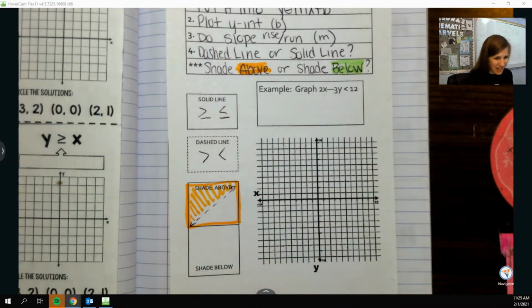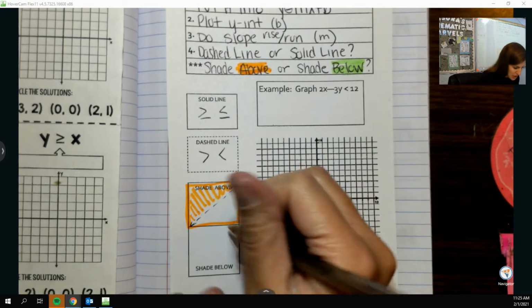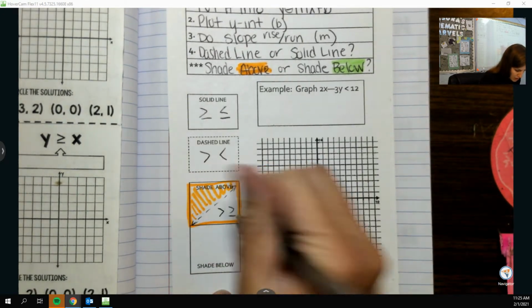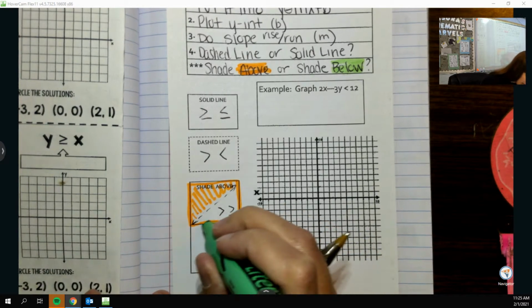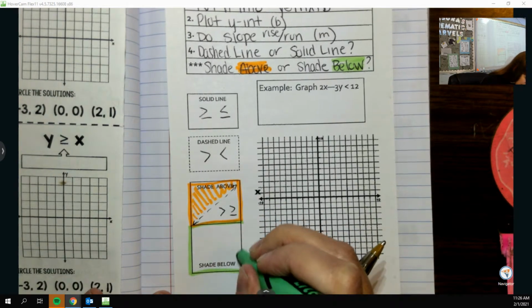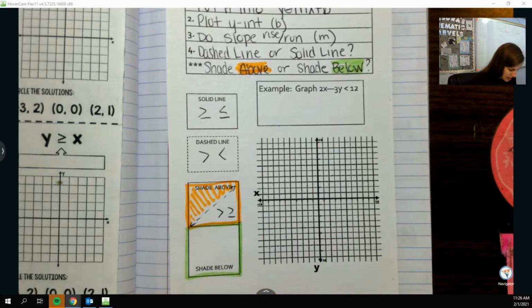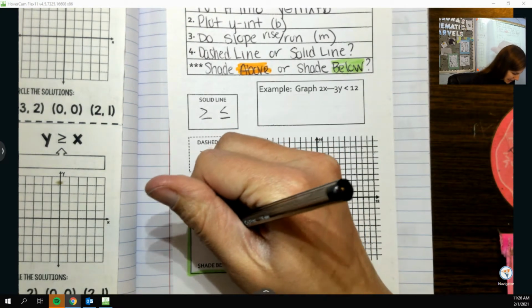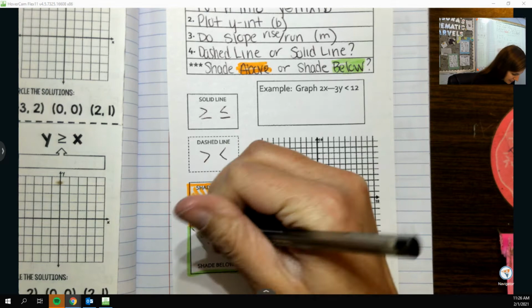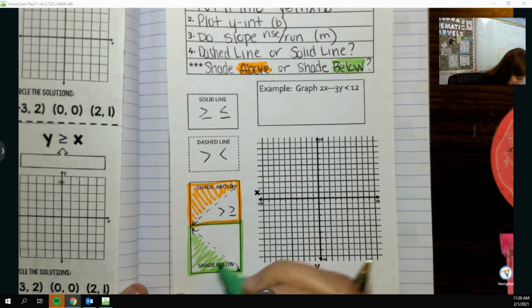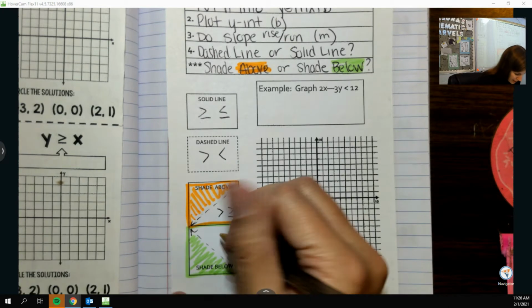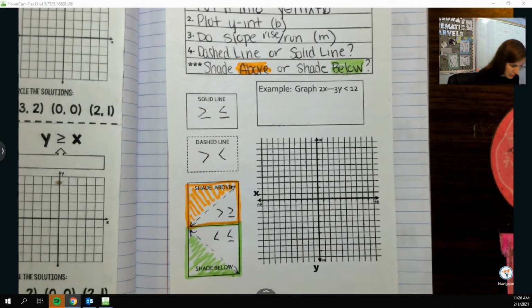But if I have a negative line, it looks a little different. But you're going to do that if it's greater or greater than or equal to. And you'll shade below. So let's say I do have a negative sloping line. Below the line is like down here. You shade below if you are less or less than or equal to.